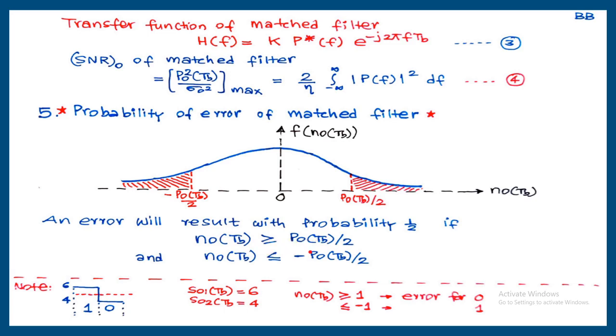This case also error can occur with a half probability. This range is written here. If the noise is greater than P0(Tb)/2, error can occur with a probability half. This is that error area. If the noise is less than minus P0(Tb)/2, error can occur with a probability half. If the noise is between these two points, error will never occur.